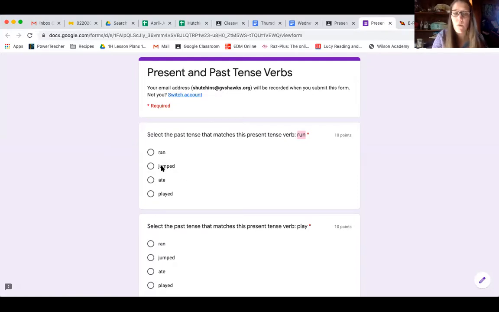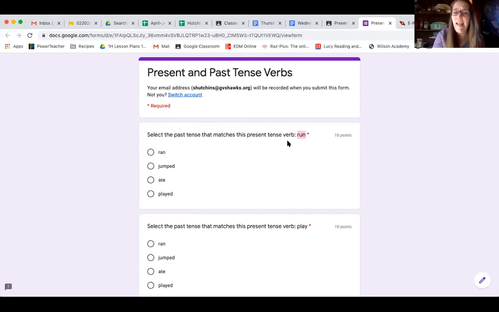Ran. Or jumped. Would jumped be the past tense? No. Would ate be the past tense? It doesn't mean the same thing. The tenses change, but the word means the same action. So run and ran, they mean the same action, right? Of moving your feet quickly across the ground.